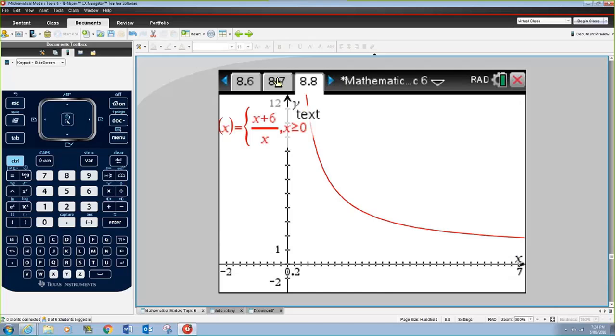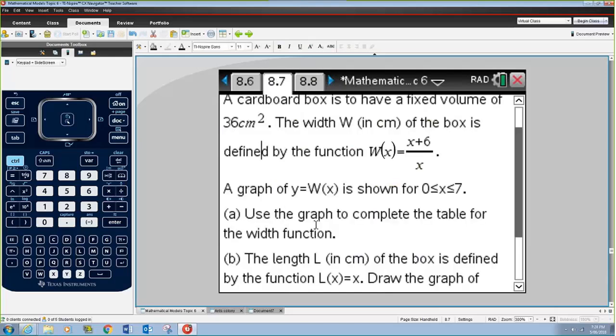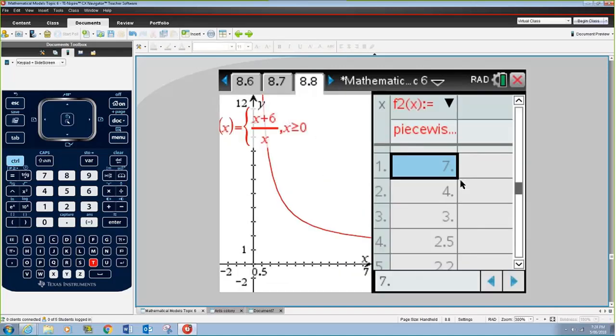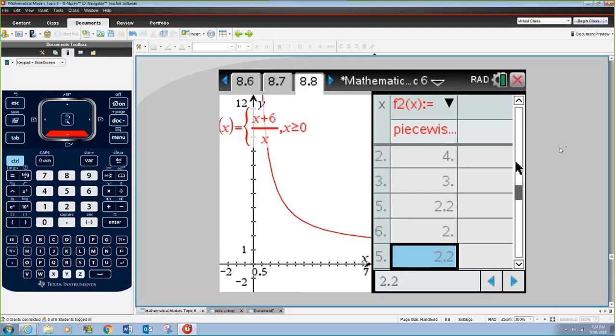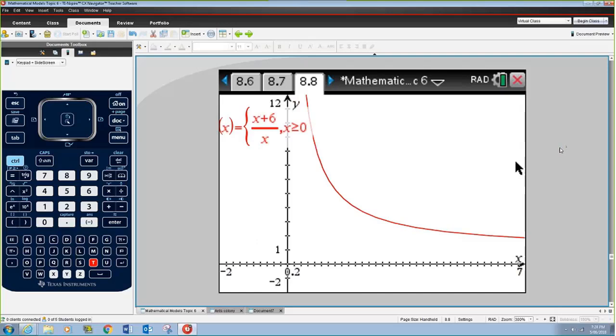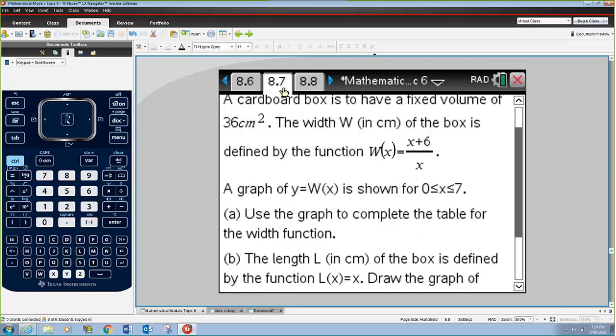And then they say use the graph to complete the table for the width function. I didn't put the values, but of course, whatever it is. So we need to have only positive values, and scrolling down and up will allow the students to complete the value. So the table is very useful in various contexts.